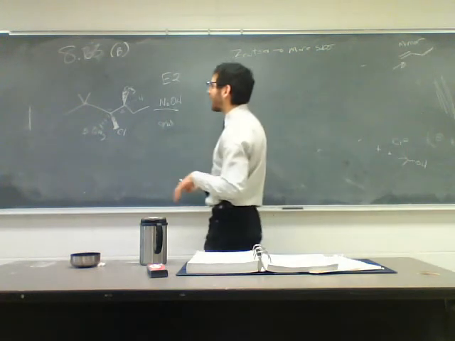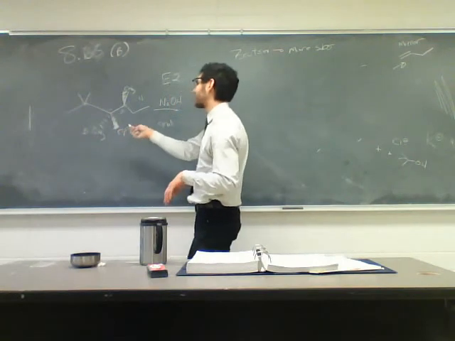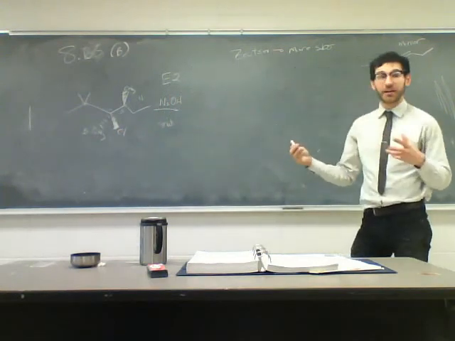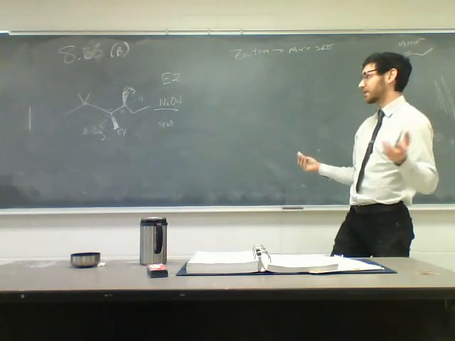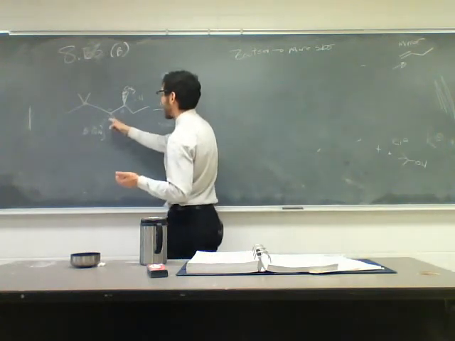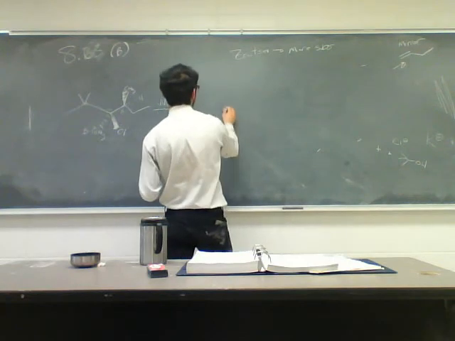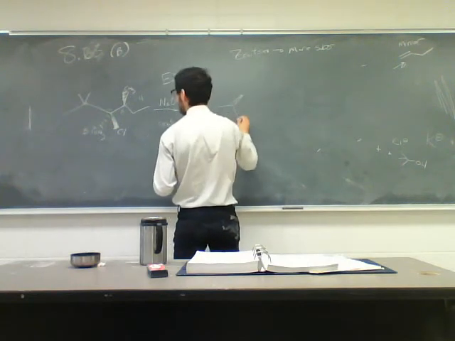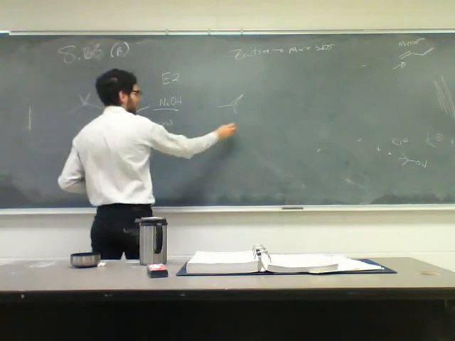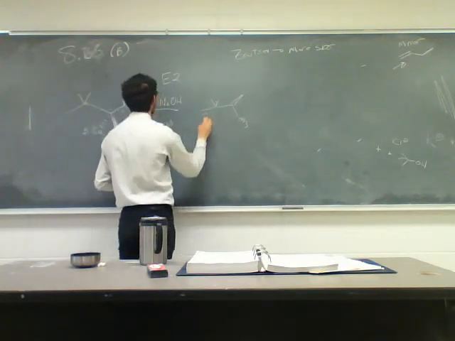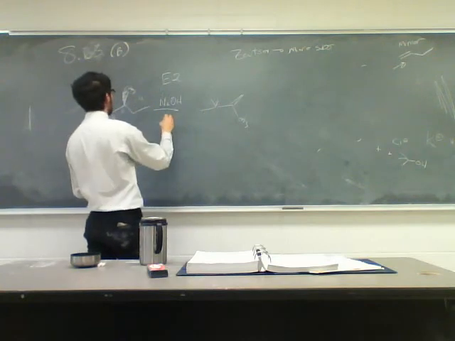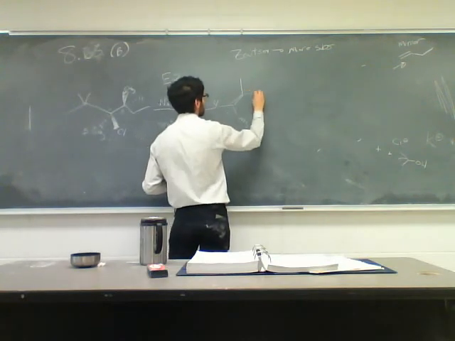So we just need to make sure that they're in the right conformation. Because depending on what conformation they're in, we could have a molecule that looks like this, with this CH3 here and the bunny ears, and then up here a CH3 and this.